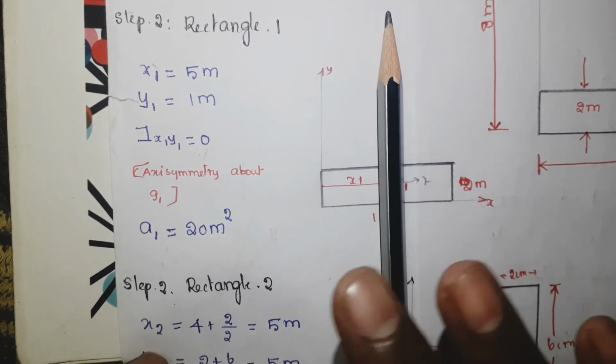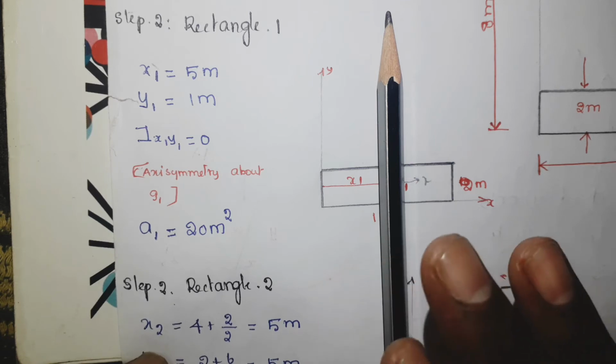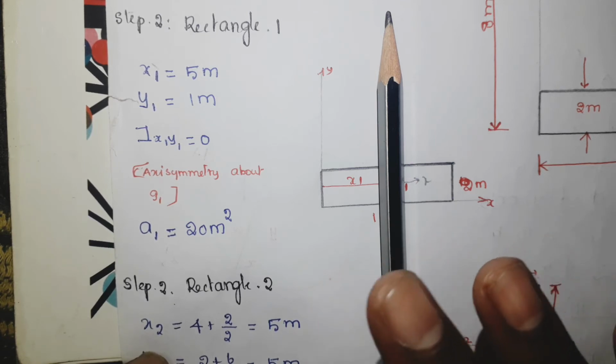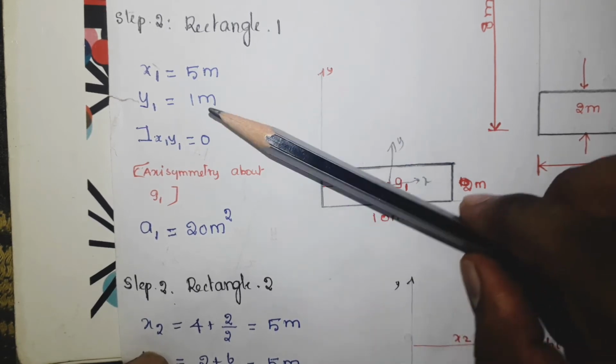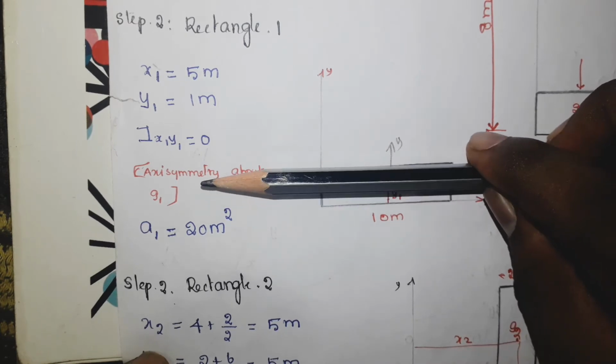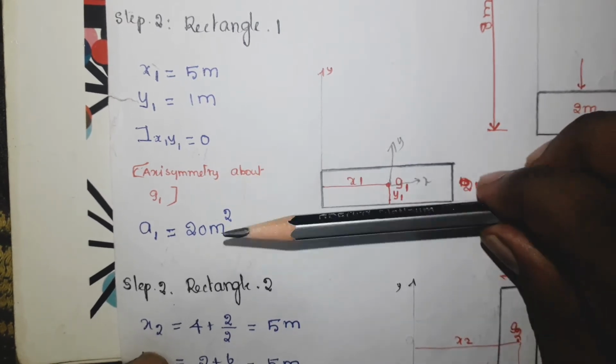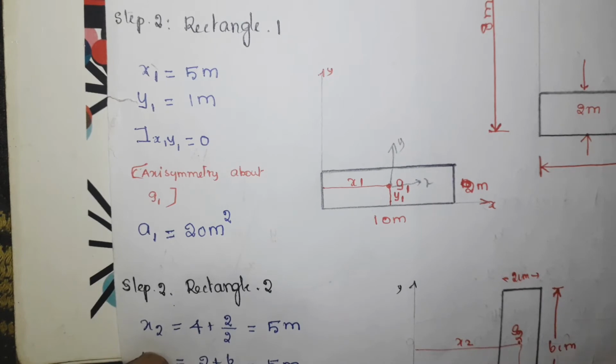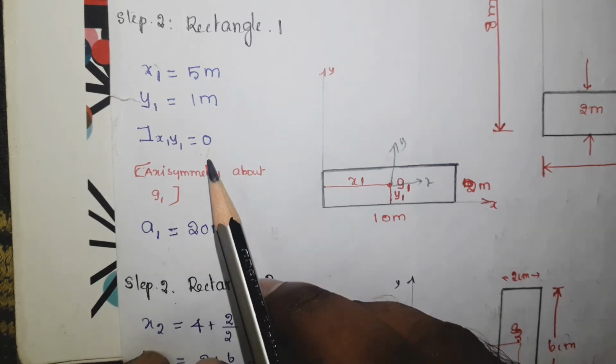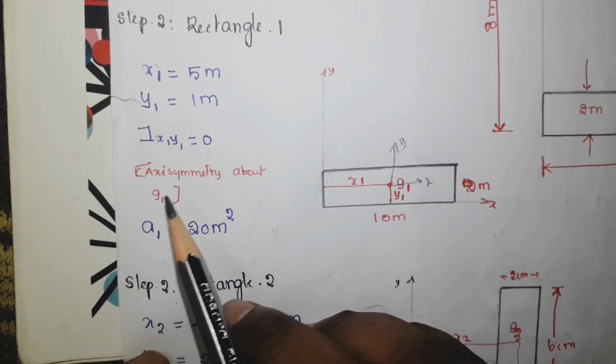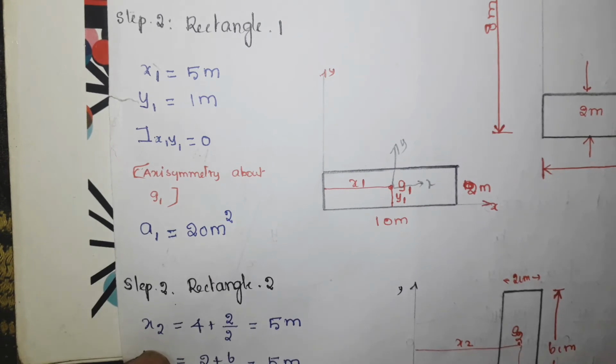It cuts the object, and if you look at both sides, they are similar in size and shape, so it is axis symmetrical. Similarly, with respect to the x axis also, it is axis symmetrical. As we saw in the last video, for an axis symmetrical section, the product moment of inertia is 0. So here it is put as 0. It is a very important point.